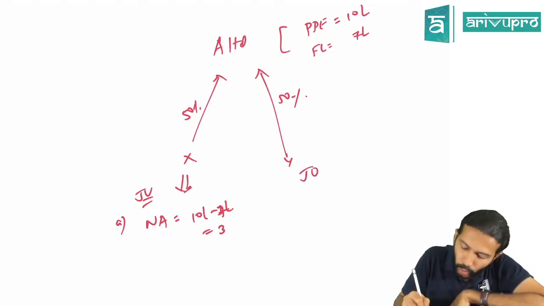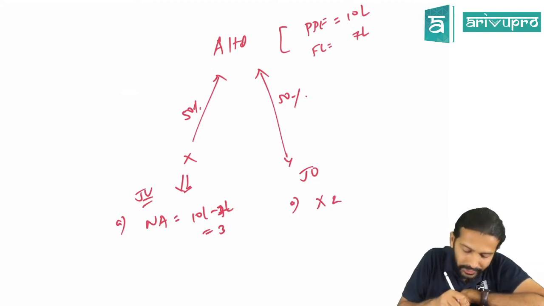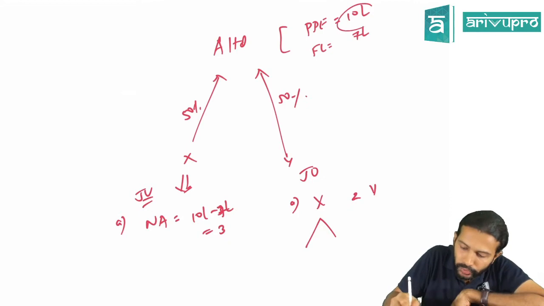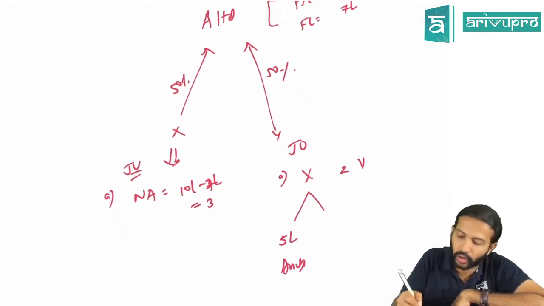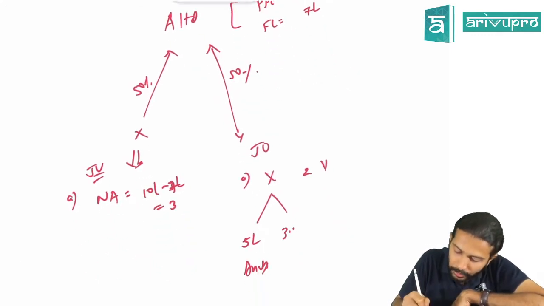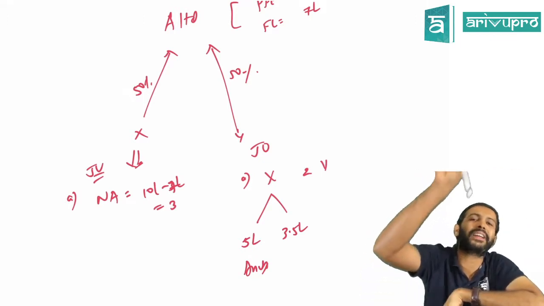Suppose it is a joint operation, then what will happen is X and Y will have a proportionate right. Out of this 10 lakh, X will have a 50% share over these assets. Similarly, out of this liability, X has to settle 50%, which is 3.5 lakh. Over each asset and liability, they'll have a respective share.